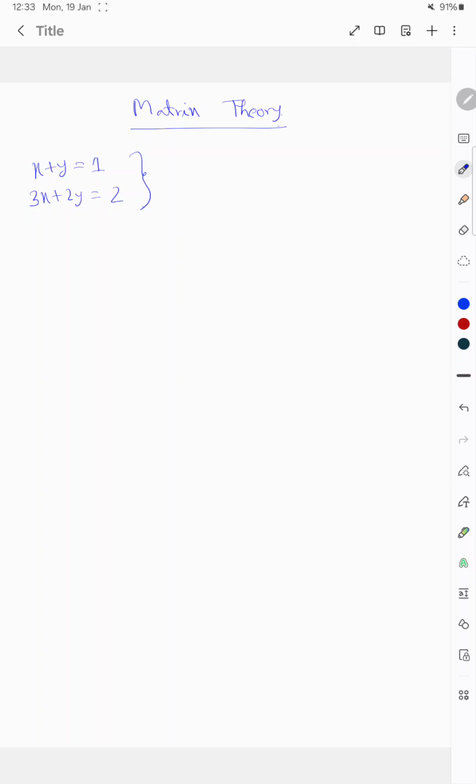So basically what you can do, if you try to eliminate this y, so you can think this is your equation 1, this is your equation 2. So first multiply your equation 1 by 2, so you have 2x plus 2y equal to 2, and you have 3x plus 2y equal to 2, right?